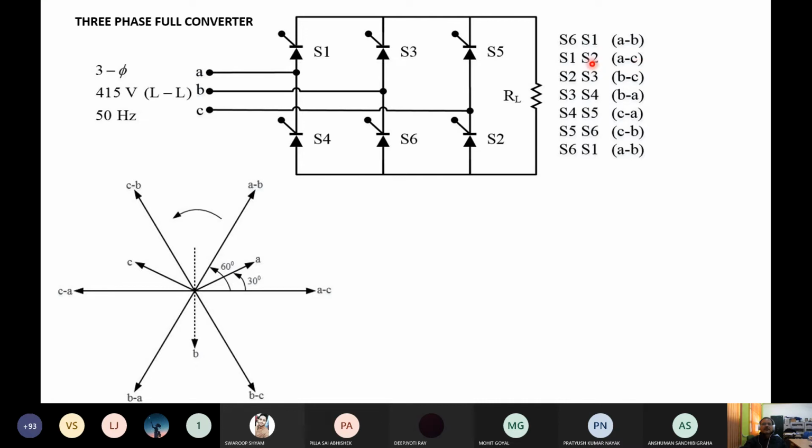S2 must be connected to phase C. After 60 degrees, S3. S2 continues to conduct, but S3. Then S4, S5, S6. In this sequence, the voltage became. So this sequence you remember: 1 3 5 4 6 2.